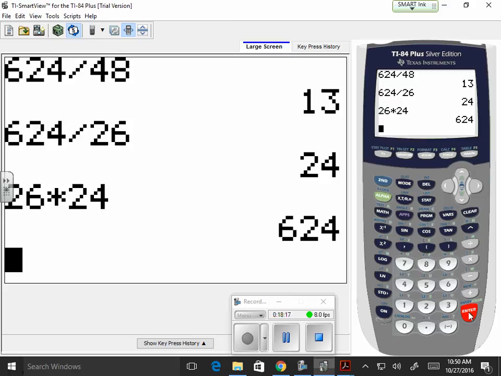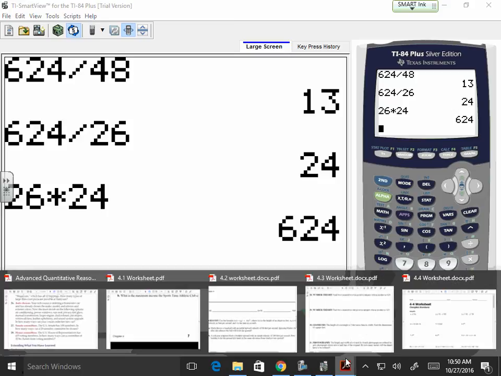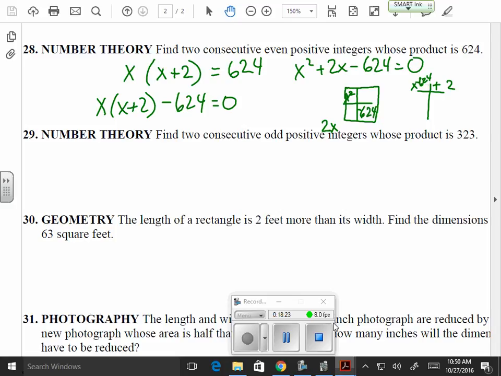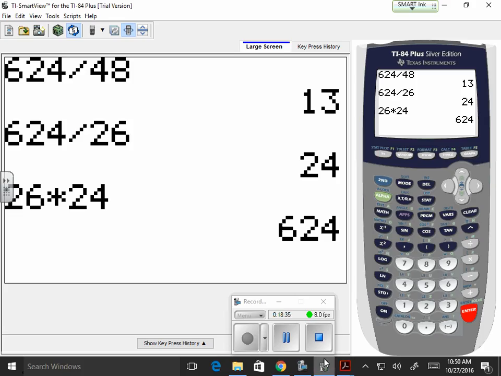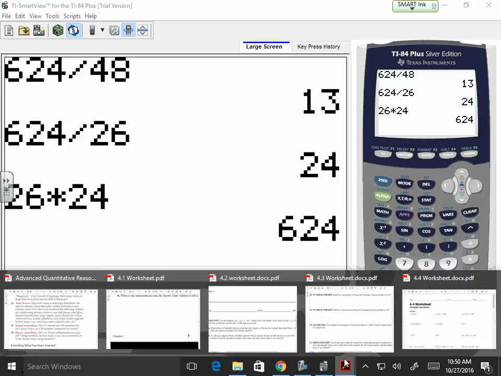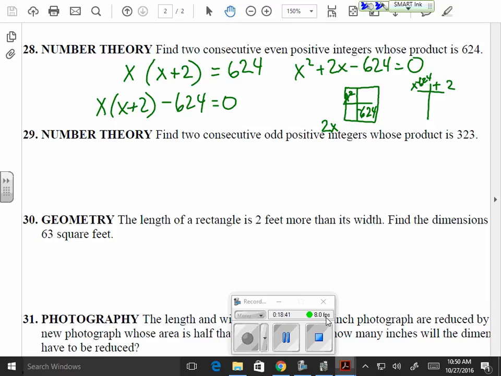So what that means is if I'm trying to get it to equal negative 624 and add together to give me 2, so 26 times 24, that means 26 and 24.